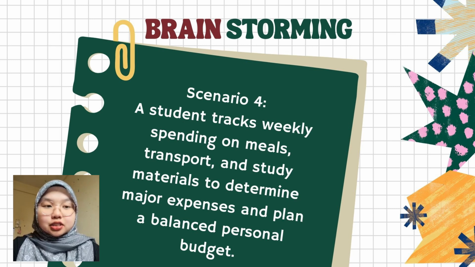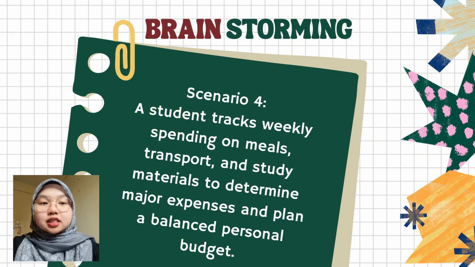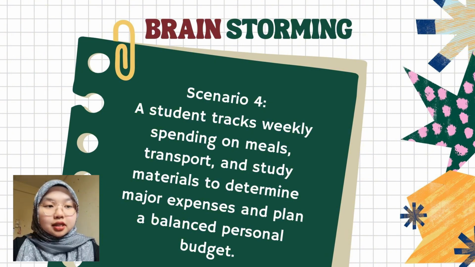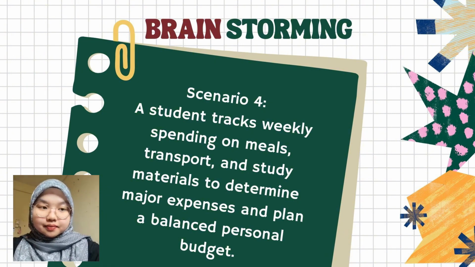By tracking these categories consistently, the student can identify where they require better control. If meal expenses are too high, the student might decide to cook more often or set a daily budget. For study materials, planning purchases in advance or sharing resources with classmates could help reduce spending.